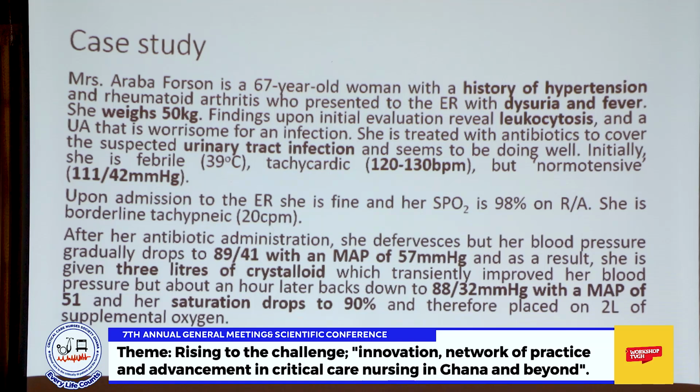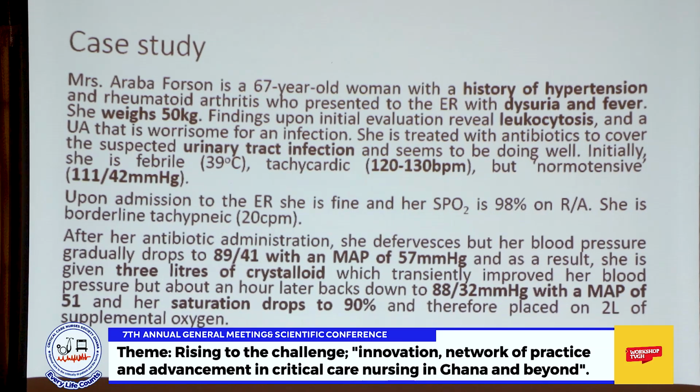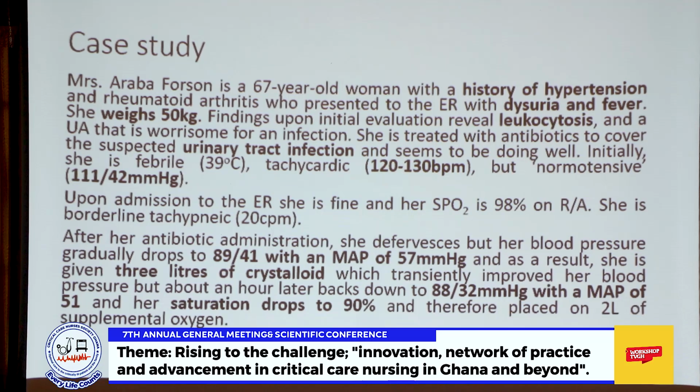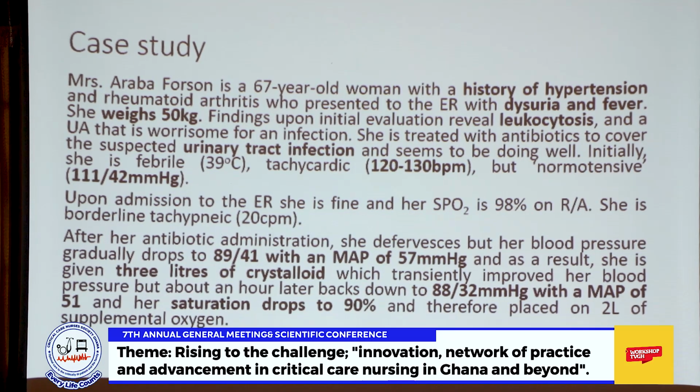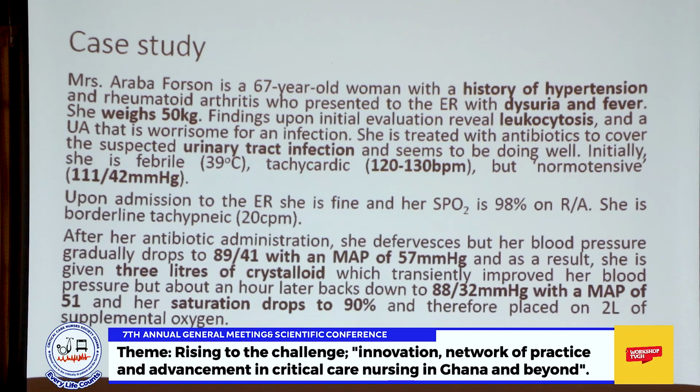She's treated with antibiotics, and she's febrile, she's tachycardic: febrile 39 degrees centigrade, tachycardic 120 to 130. I don't know if you call that normotensive, but they said she's normotensive. BPs are 111 on 42.